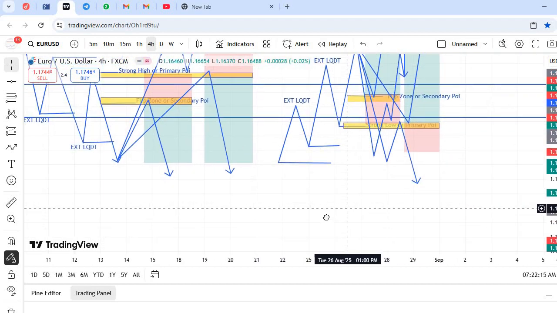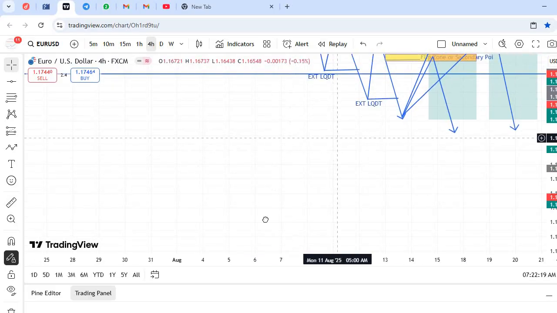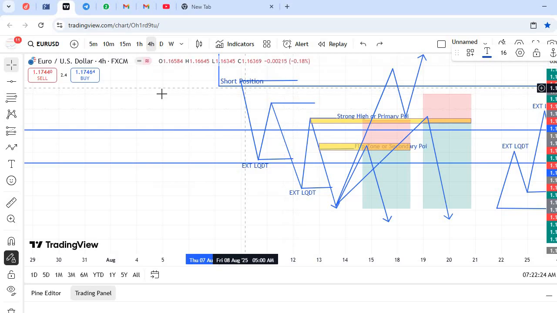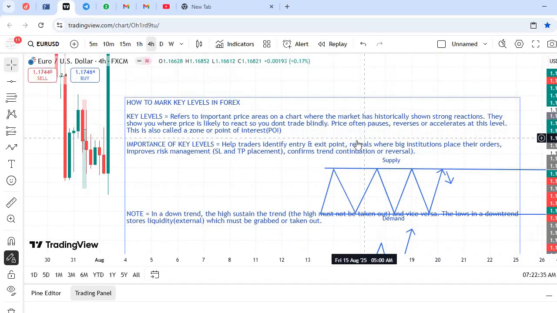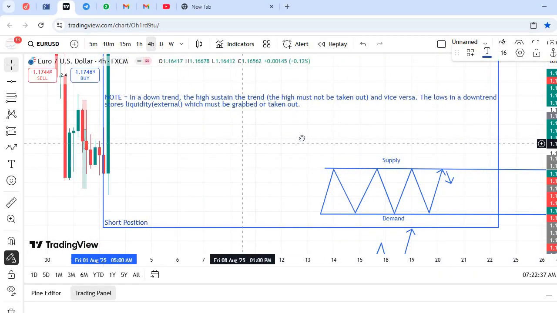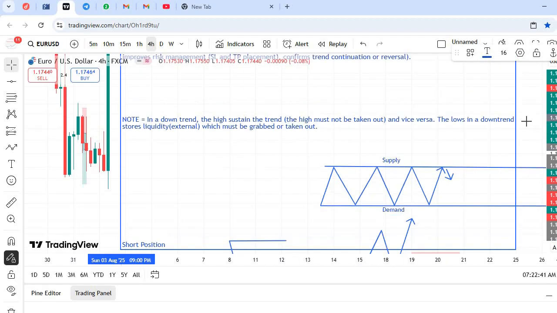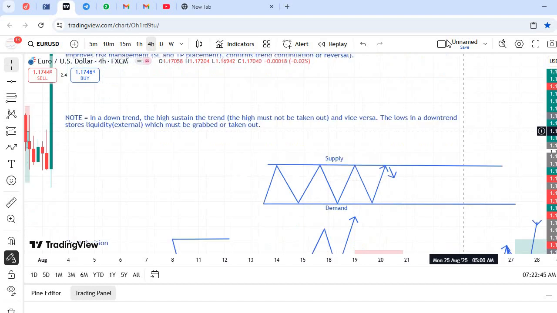So you can see what we have been able to look at in today's class. Can you see? Okay, so I want you to go back to the chart and backtest.